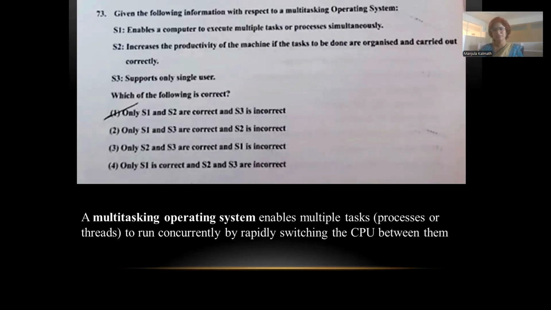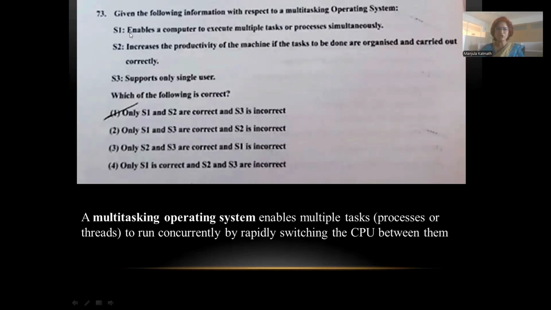Multi-user means in the same system, we can open multiple applications, and each application, as a single user, we are dealing with each and every application simultaneously. And multi-processor means more than one CPU is loaded in a single computer system. Then it is multiprocessing. Each of these concepts is an advanced concept to increase the performance of the computer system.